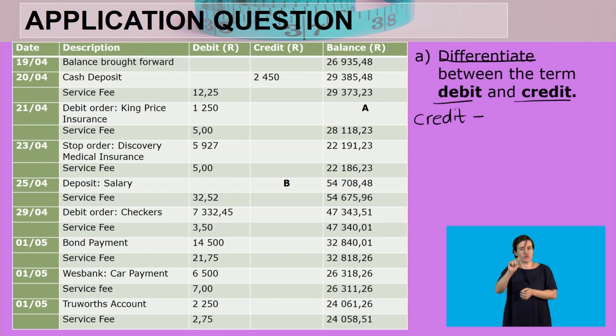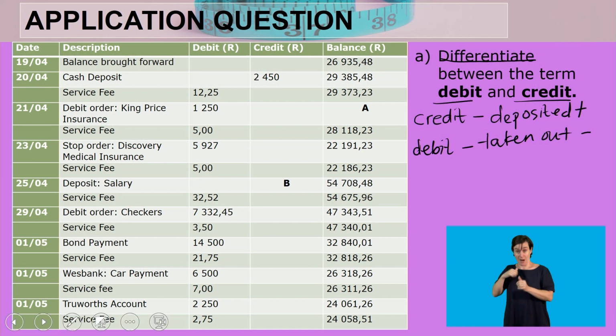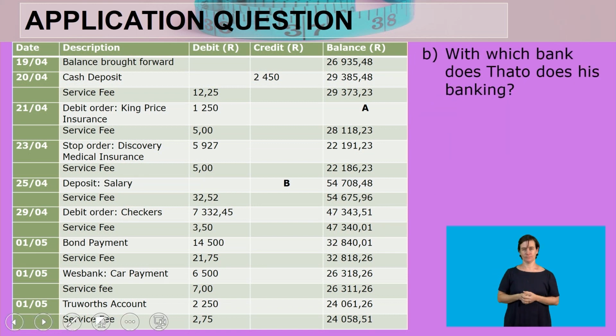Remember, a credit will be an amount that is deposited into the account, and a debit will be the total amount that is taken out of the account. Whenever there's a debit, you'll see a negative sign showing this amount has been taken out. If there's a credit, you'll see a positive sign showing an amount was deposited into the account.